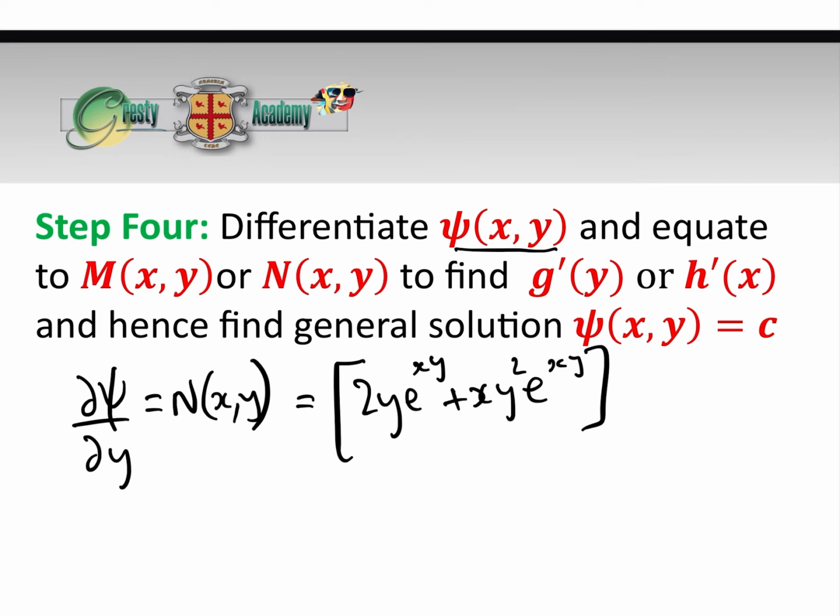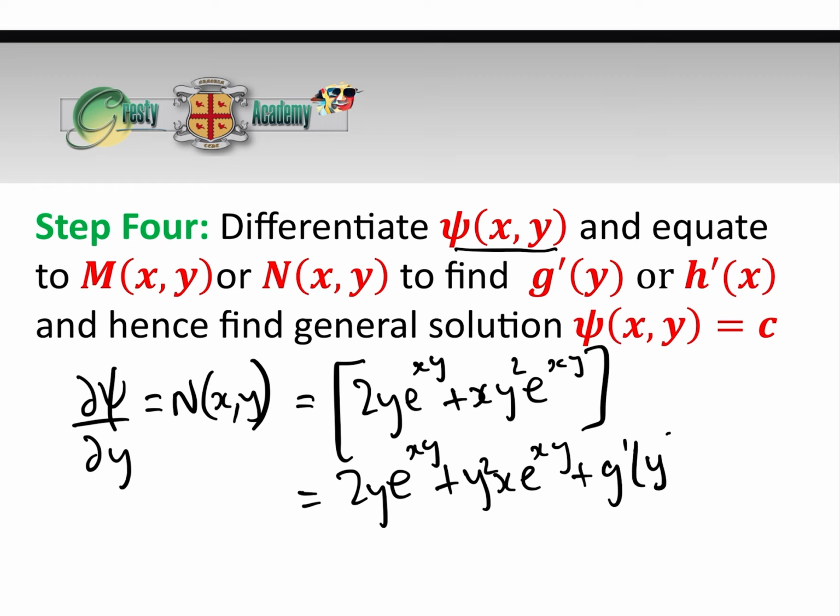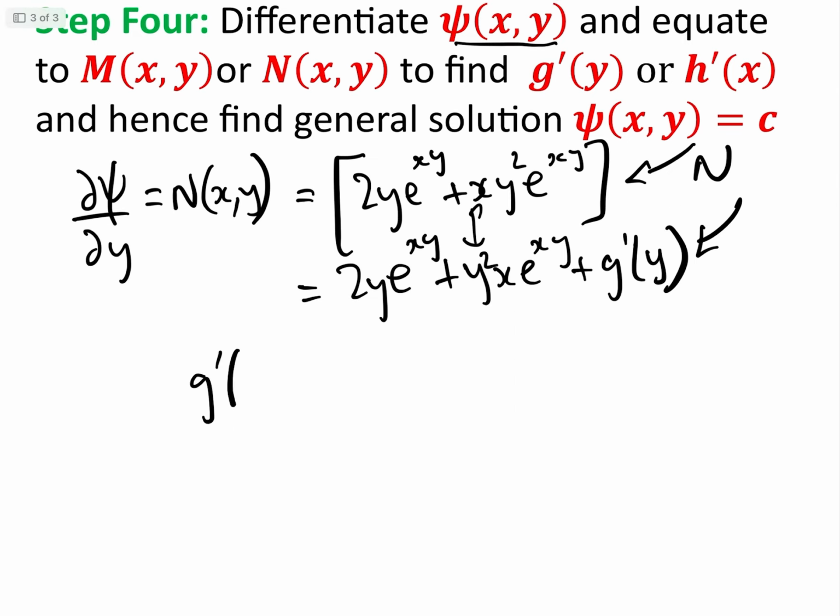That equals 2y e to the xy, add y squared x e to the xy, add g dashed of y. That bit there is n, and that bit is the differential that we just found. So if we compare these two, we can see that g dashed of y must therefore equal 0, so g of y must be some constant.